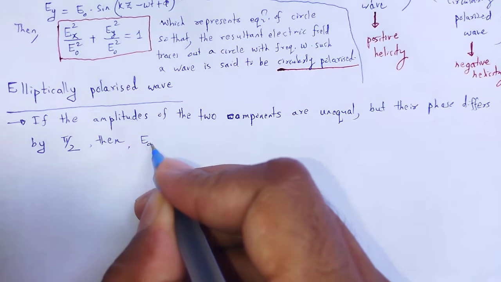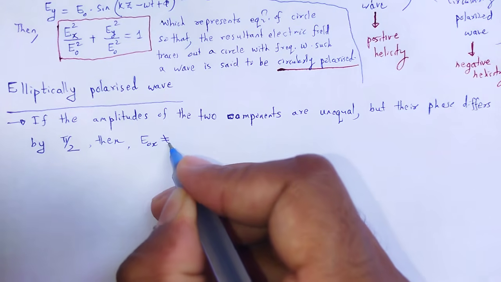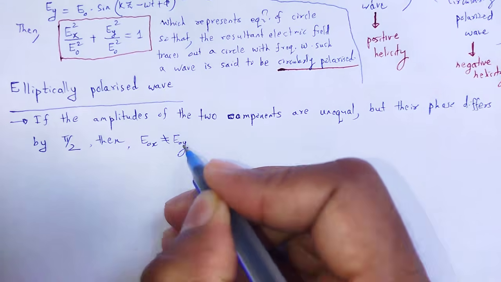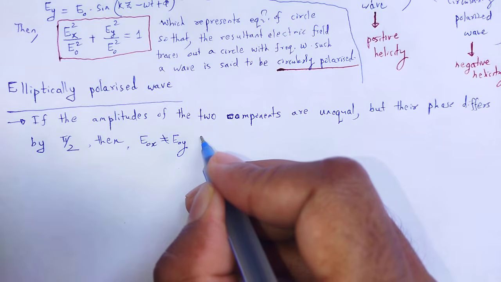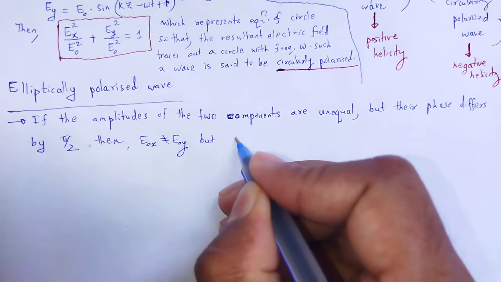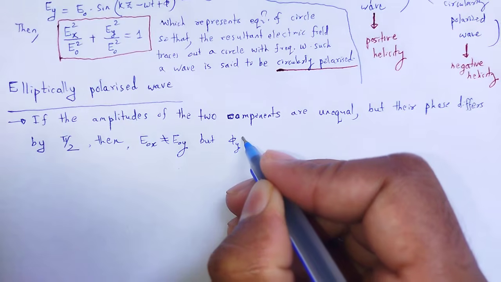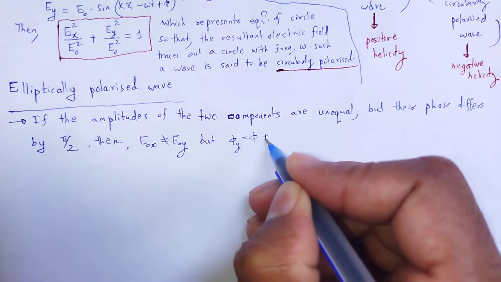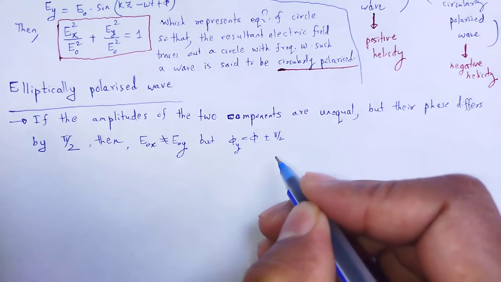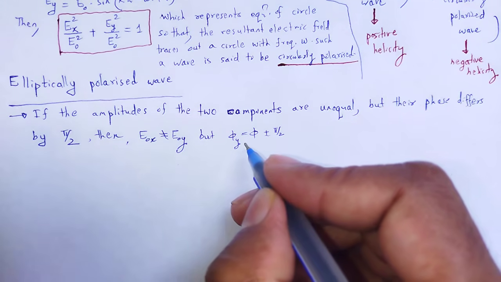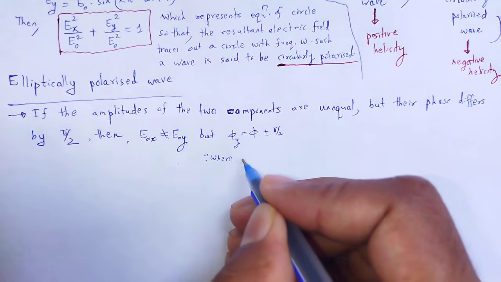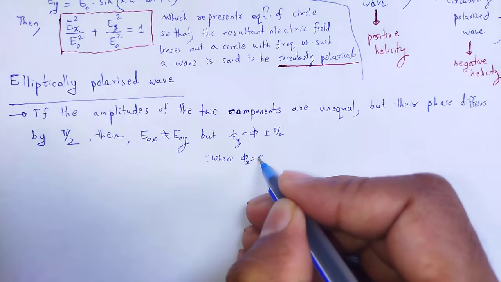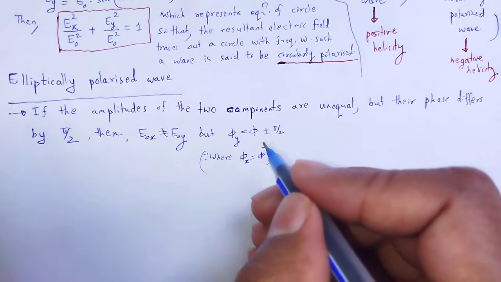Its amplitude is not equal to the other amplitude, but phase differed by pi by 2, whereas we take phi x is equal to phi.